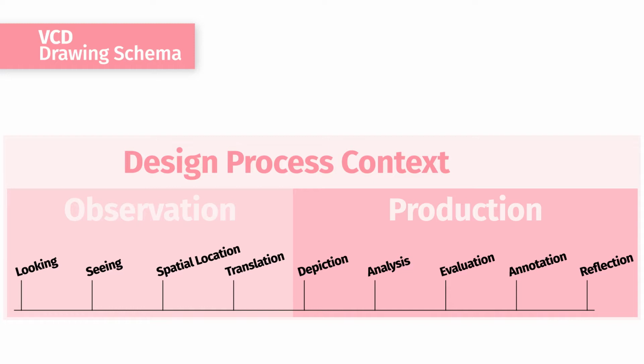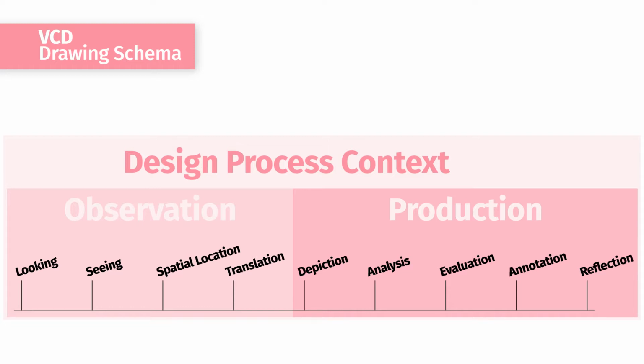So if you look back at the design process cycle, depending on where students are within that, so whether it be part of research, idea generation, development of concepts, refinement or presentation, will dictate the sorts of things which they'll be doing at each of these stages.